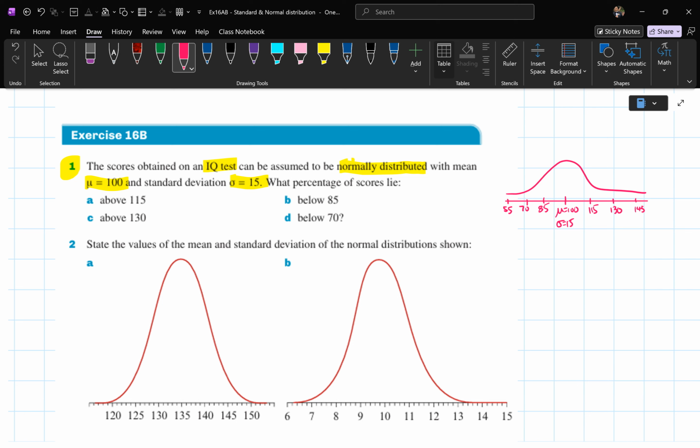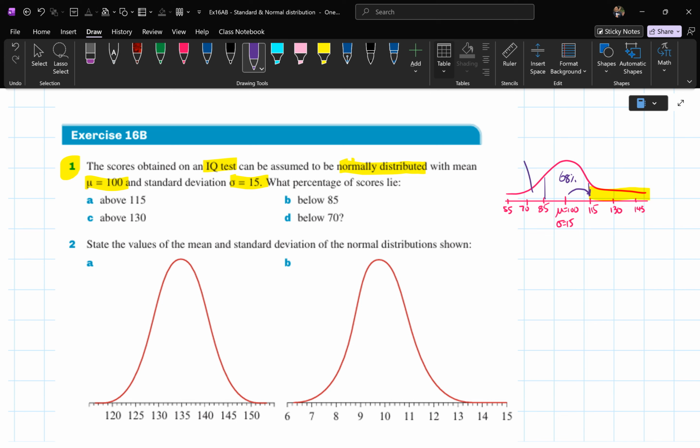What percentage of scores lie above 115? So 115 is from here and above. And we can see that that's 1 standard deviation to the right. So that means that this here is 68%, because remember 1 standard deviation is 68, 2 from the mean is 95, and 3 is 99.7.